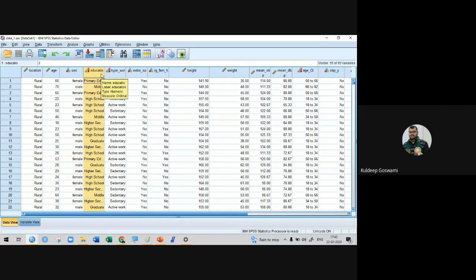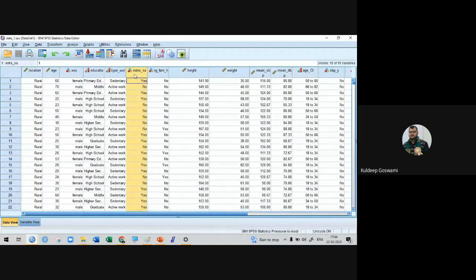I think in the previous classes of this workshop, you have acquired the knowledge of how to construct a database in SPSS, so I want to skip this. This is the type of work he or she is doing. There are three options: sedentary, active, and heavy work.